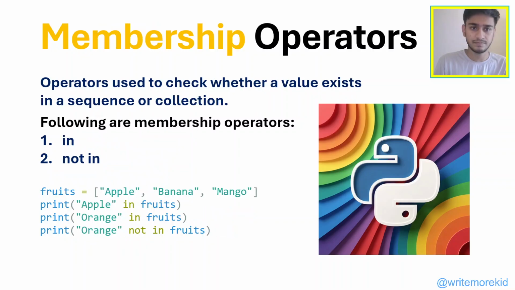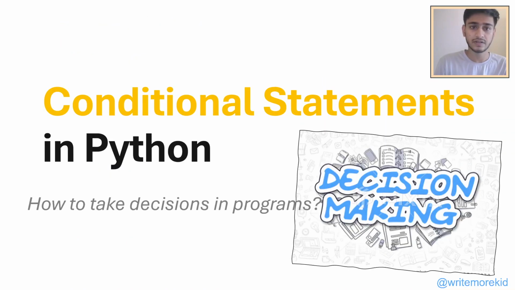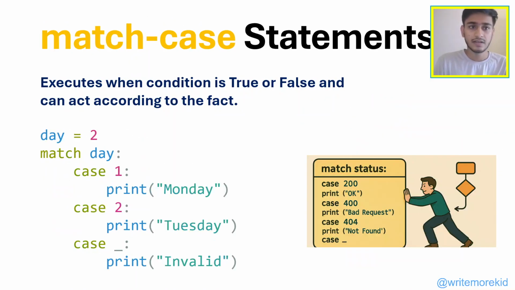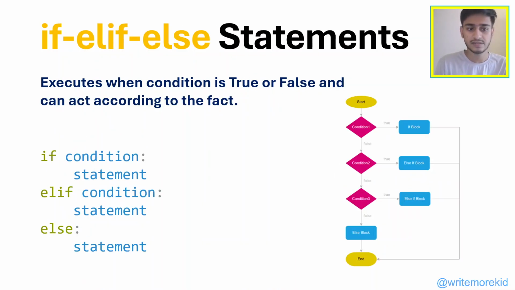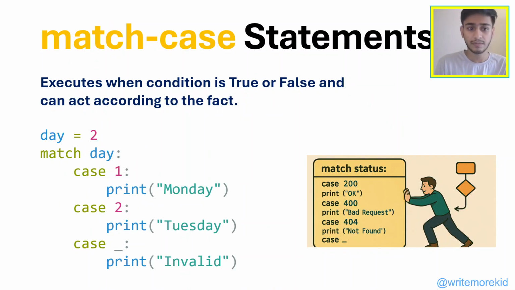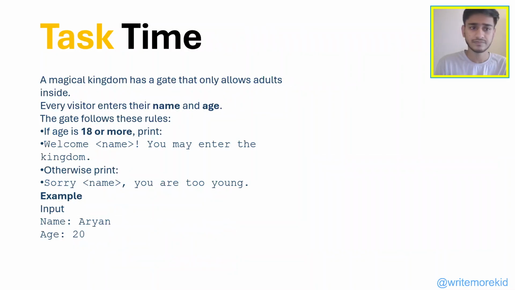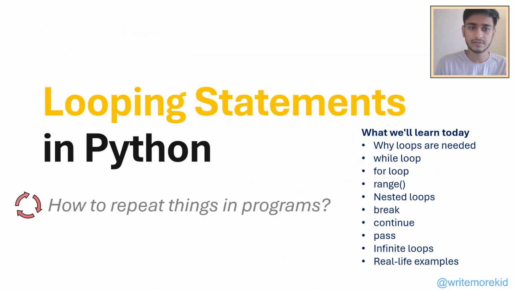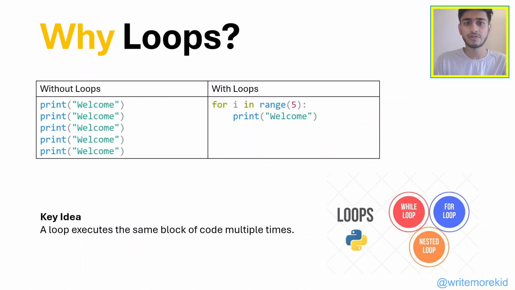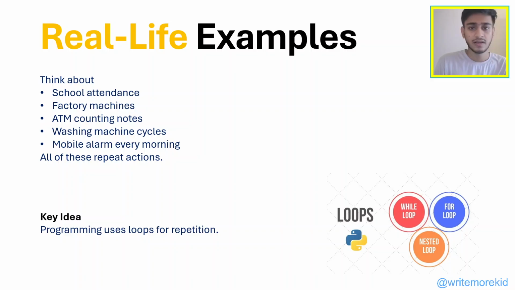Then after that, we covered conditional statements. In conditional statements, we studied the if statement, if else, if elif else, then match case, and we practiced questions. And then in the very last lecture, we covered looping, how you can use loops for repetition of a task.